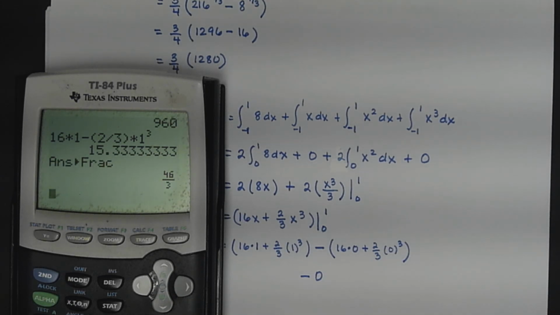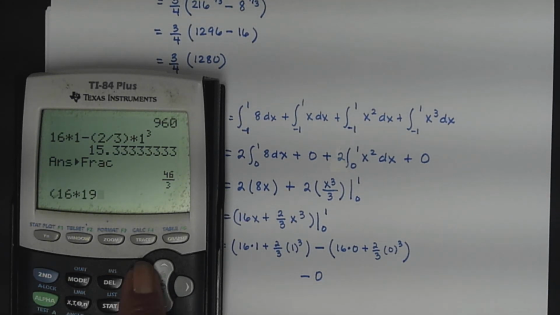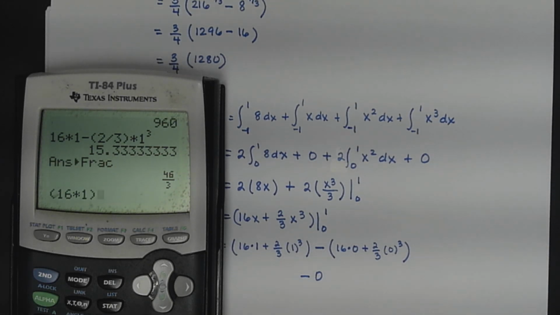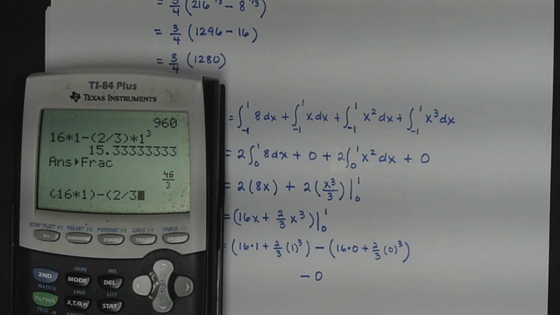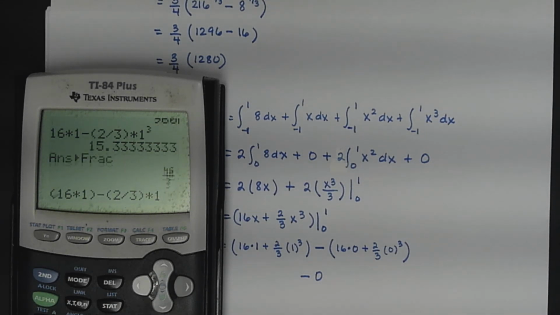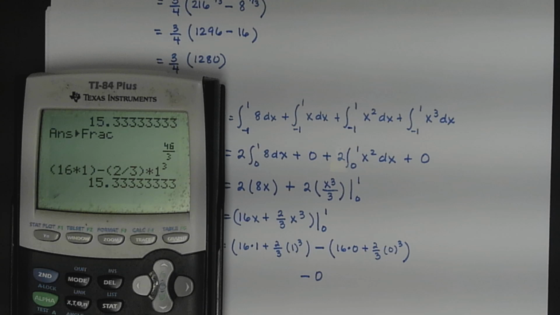Let me see here. 16 times 1 in parentheses, minus 2 divided by 3, close parentheses, times 1 cubed.